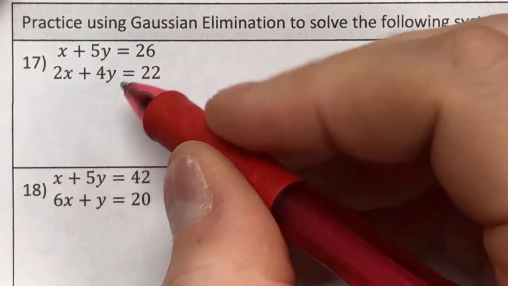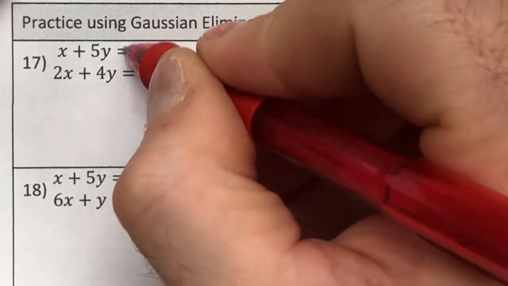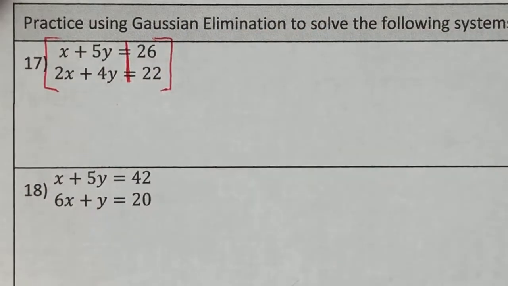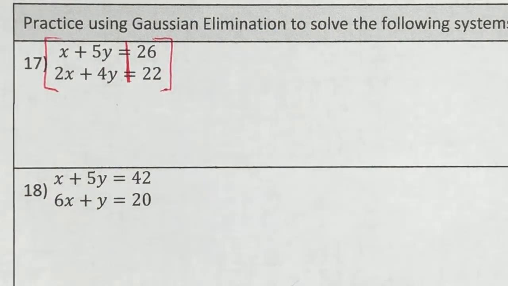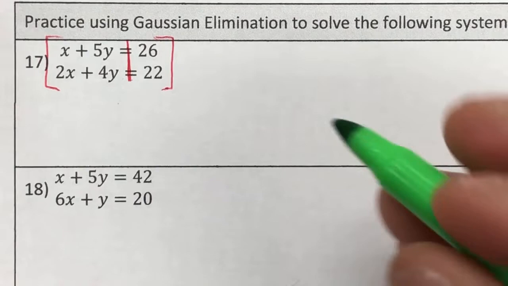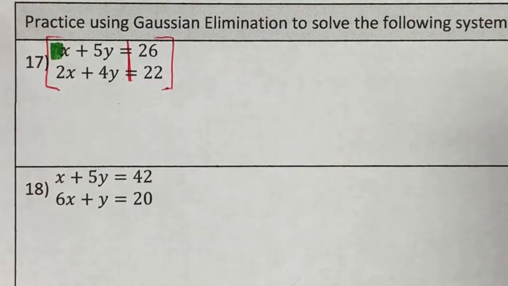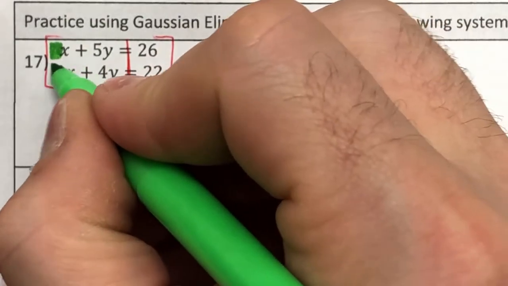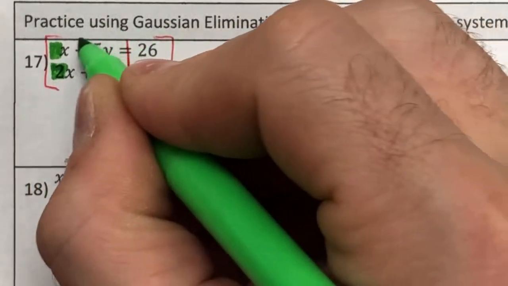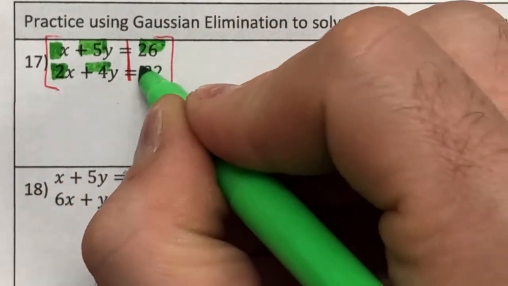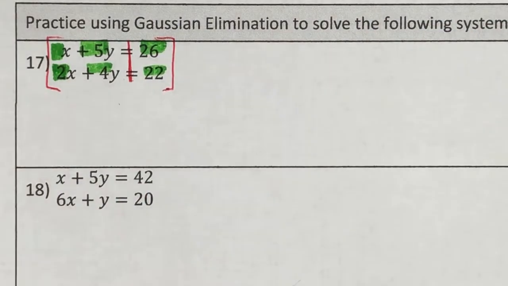Now, with a Gaussian system, what I'm going to look at is all my terms at this point are lined up quite well. And what I'm going to do is take the coefficients. Now, the coefficient of my x is just going to be a 1. The coefficient of my next x is 2. And then I have 5 and 4, 26 and 22.